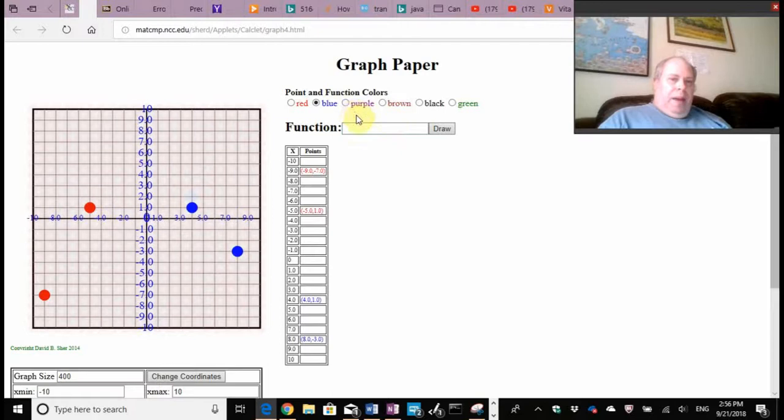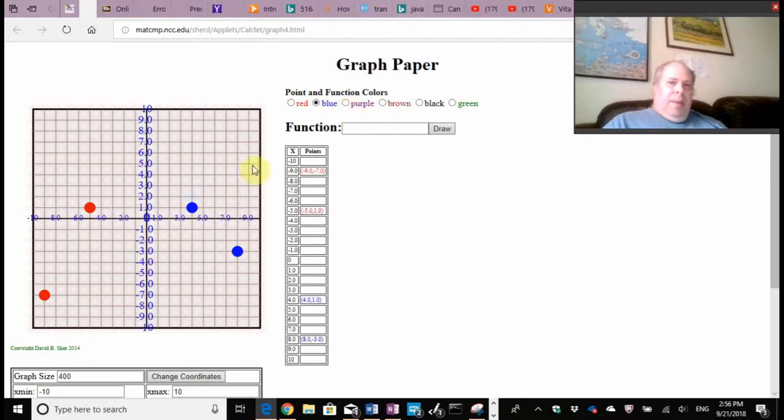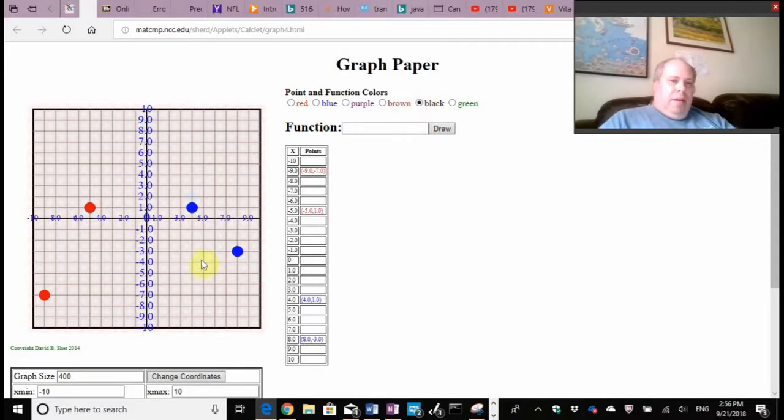So, I'll start with the blue line, and I'm going to get the slope by making a triangle. I'm going to create the triangle right over here with that point. You see that point makes a nice little triangle here.